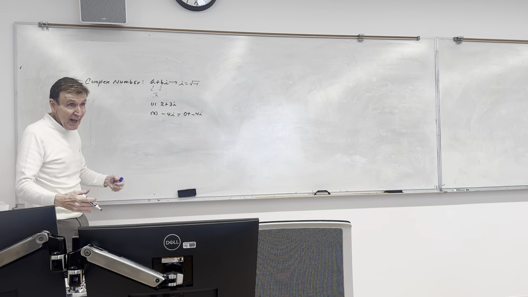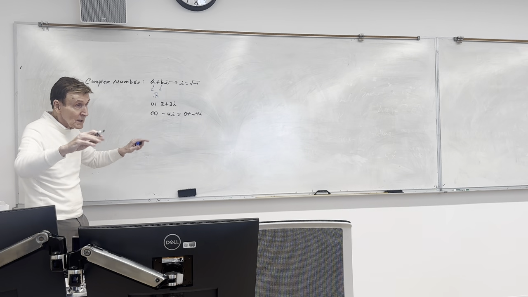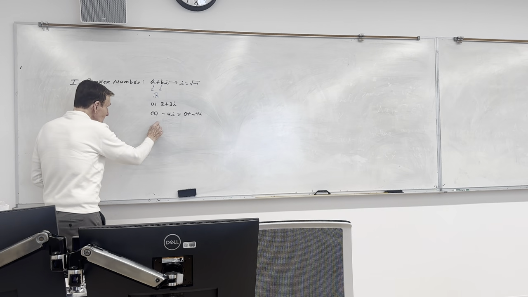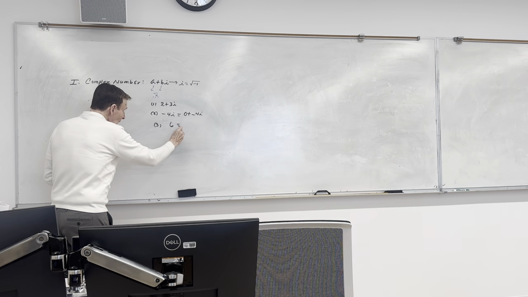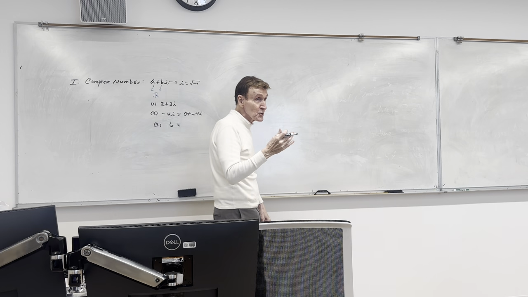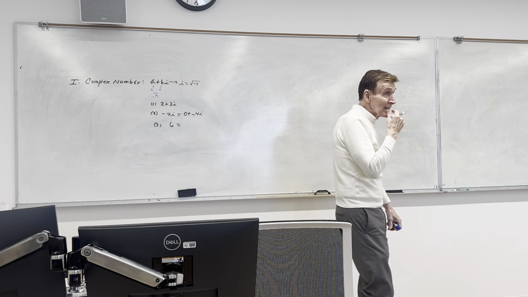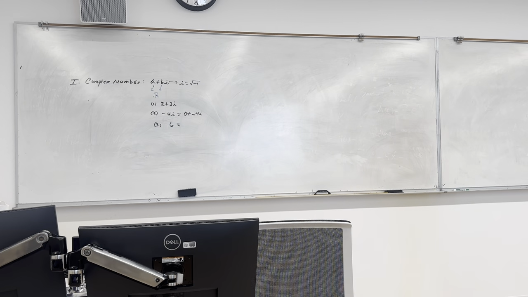So I can classify that just by itself as a complex number. If I get that, I'll accept it as complex. Now, the one you might think about is 6, which is a real number, for sure. It's an integer, for sure. It's positive, for sure. Can I also call it a complex number? Yes. 6 plus 0i.